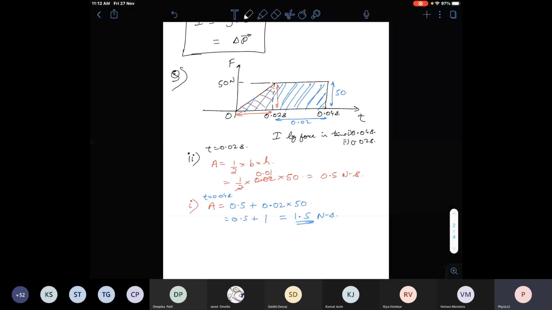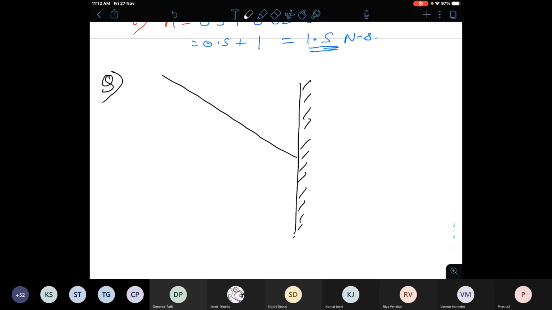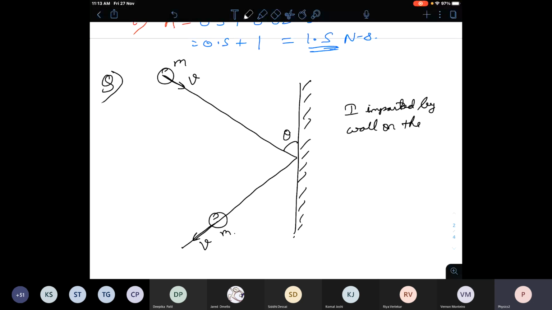So this was one method of impulse. Let's see another. Suppose I have a wall. You have to find the impulse imparted by the wall on the ball.